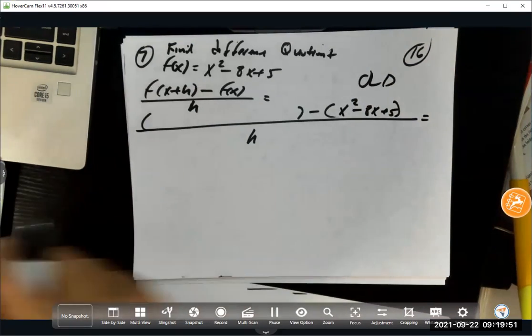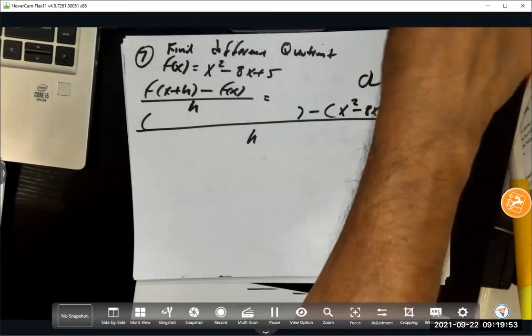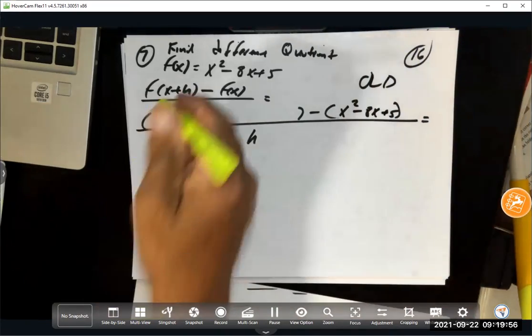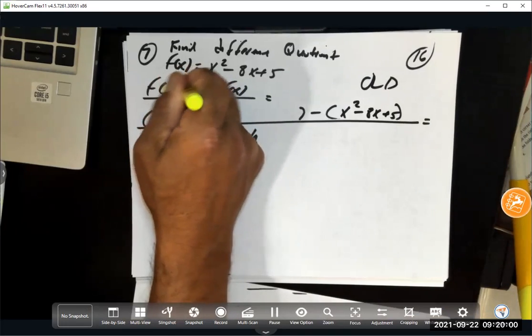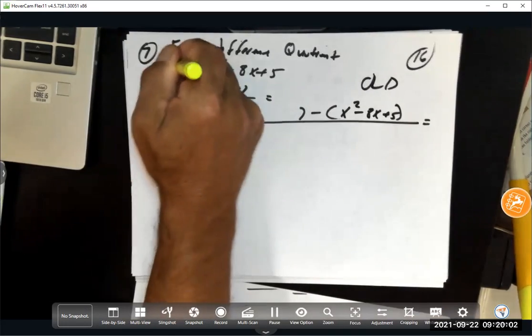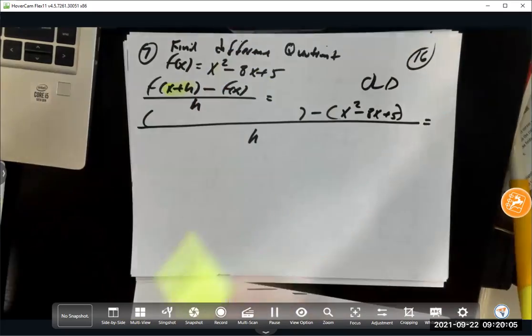Okay. The new one has all this extra stuff in it. It doesn't have just an x. It has this x plus h stuff. See this right here, where I'm putting the yellow? So you're gonna have to put this stuff where the x's are. Let me just write it up.